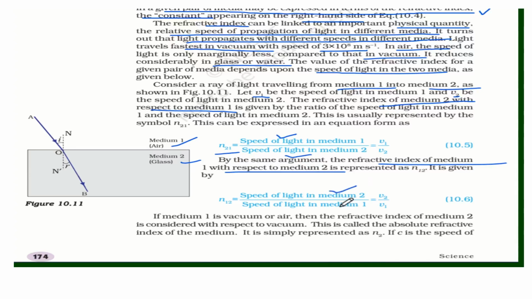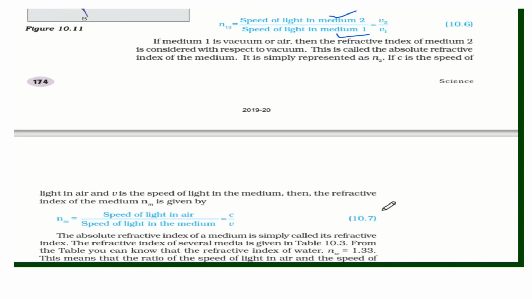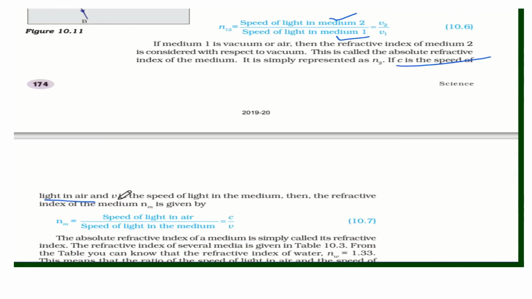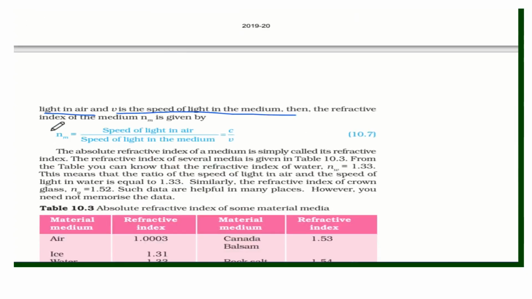If c is the speed of light in air and v the speed of light in a medium, then the refractive index of the medium is equal to the speed of light in air to the speed of light in the medium, that is c upon v. The absolute refractive index of a medium is simply called refractive index.